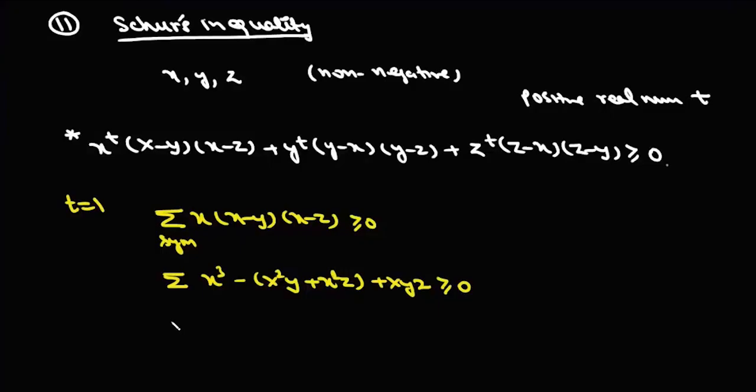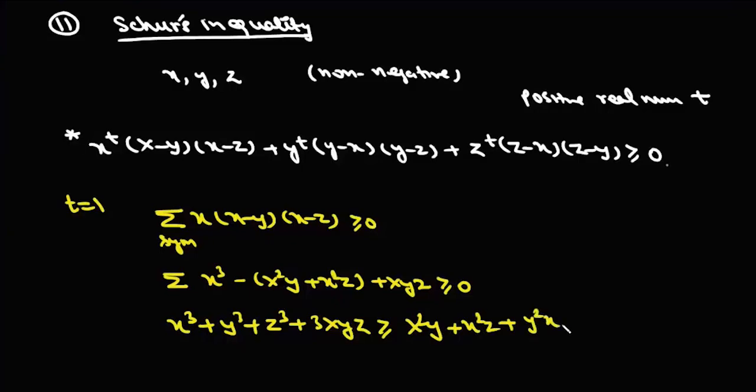So from here we can write x cube plus y cube plus z cube plus 3xyz is greater than or equal to x square y plus x square z, y square x plus y square z plus z square x plus z square y.